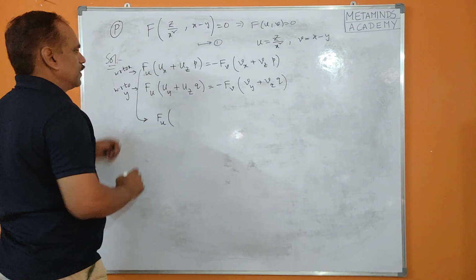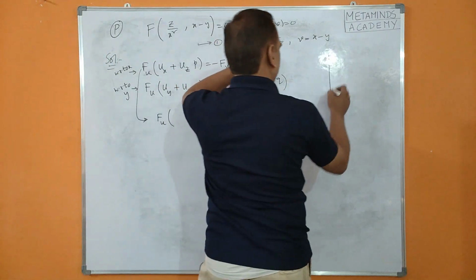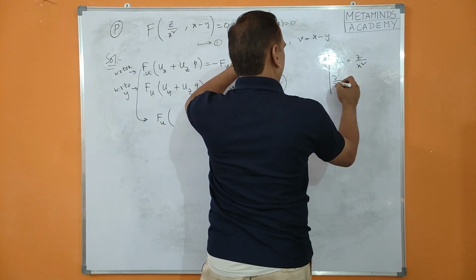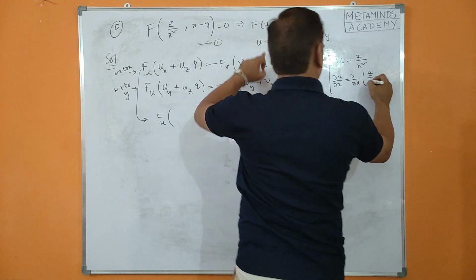F_u into, what is u_x? ∂u/∂x. U is z by x square. ∂u/∂x is ∂/∂x of z by x square.